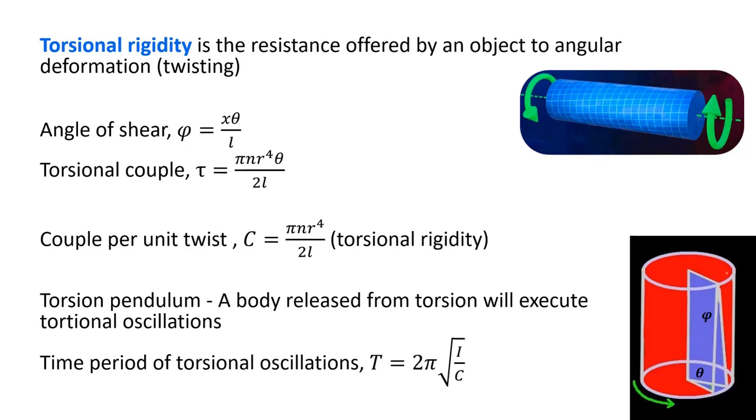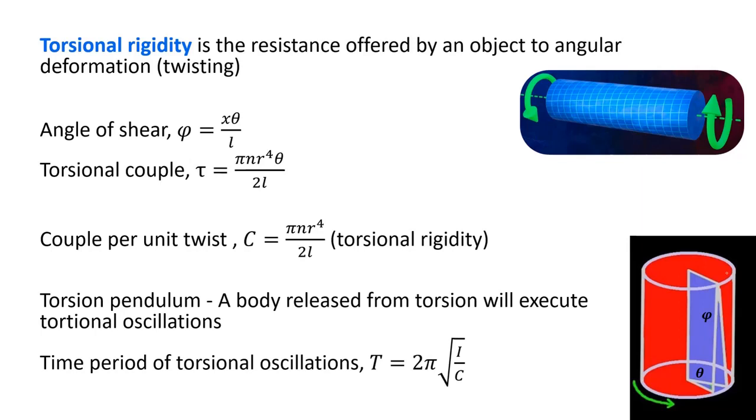The angle of shear is given by the equation phi is equal to x theta by L, where x is the radial distance of that concentric cylinder from its axis of twisting, and L is the length of the structural element.